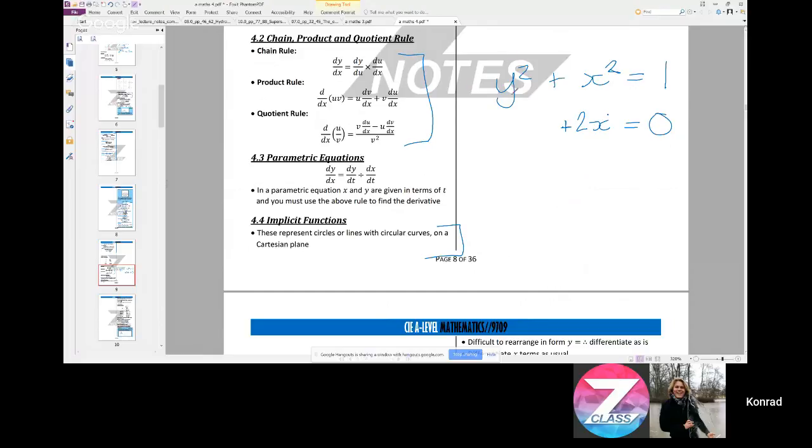Right, so this is where, okay, how do we look at this? This is where we are using our chain rule, right?